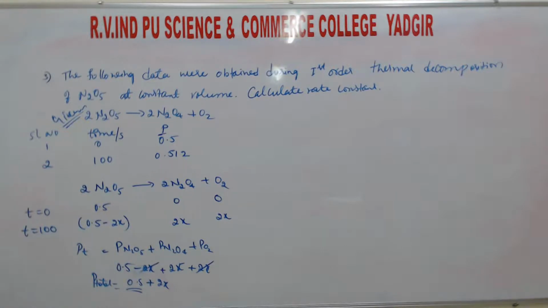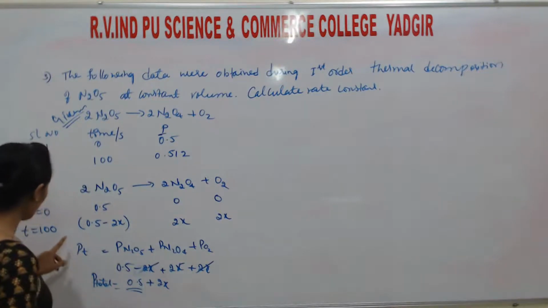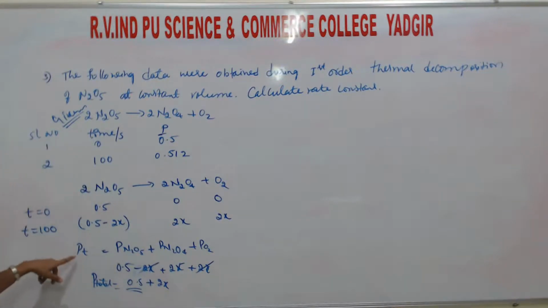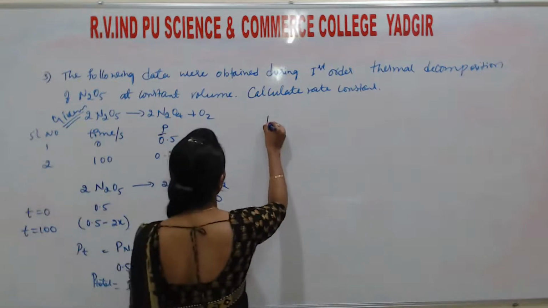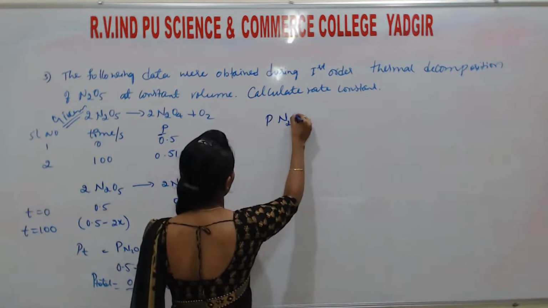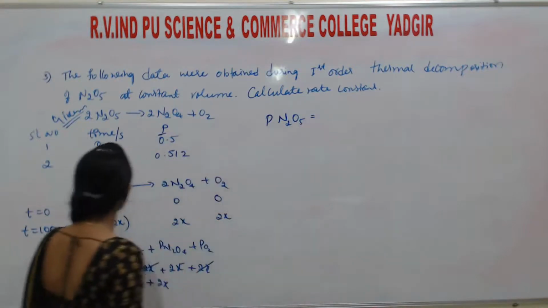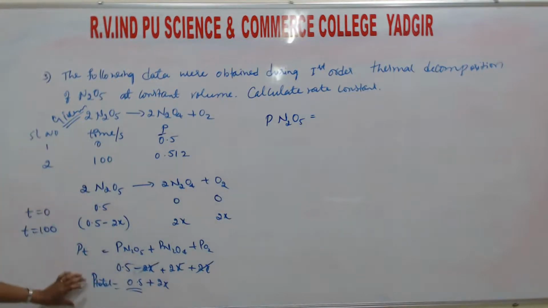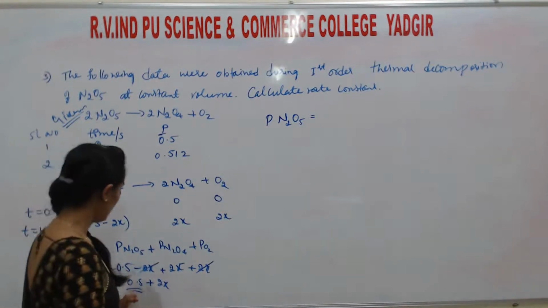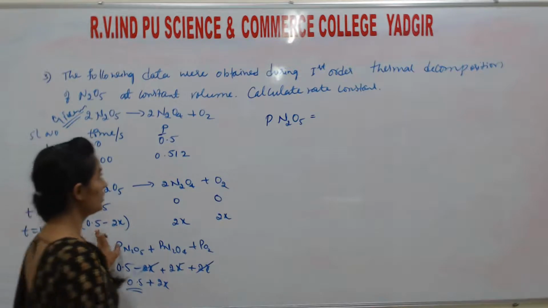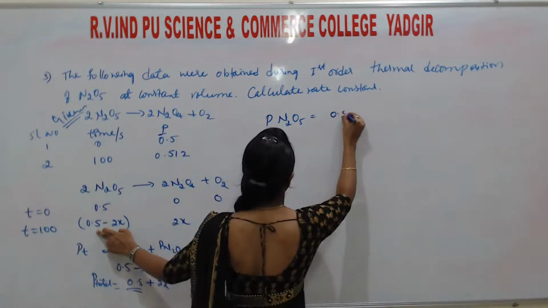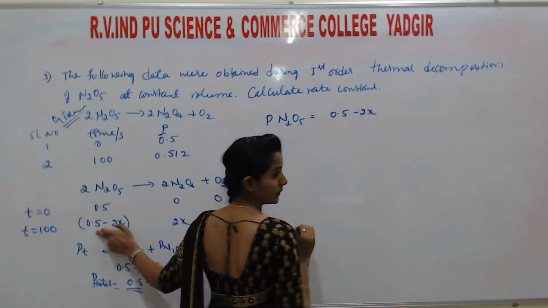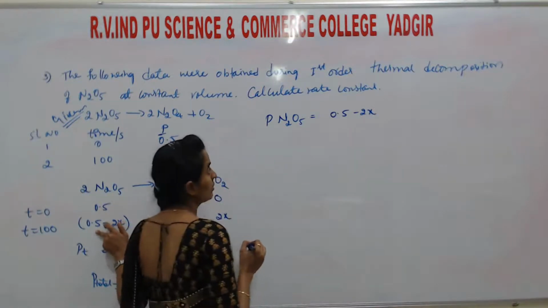Okay. So from this, students, we can easily calculate. P total is equal to 0.5 plus x. Then P of N2O5 is equal to this one, 0.5 minus 2x. Correct?